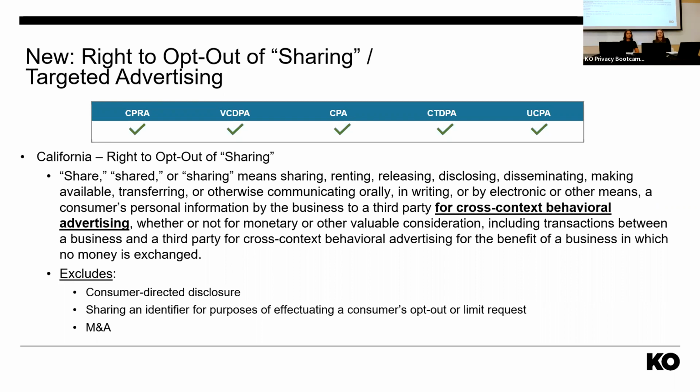Also, sharing an identifier for purposes of effectuating an opt-out request won't violate their opt-out right. And finally, M&A: obviously in M&A, we are selling and sharing data in the context of a business transaction. That's also excluded from the opt-out right. So if a consumer comes in and opts out of the sharing of their data, this doesn't mean we can't transfer it in the context of an M&A deal.